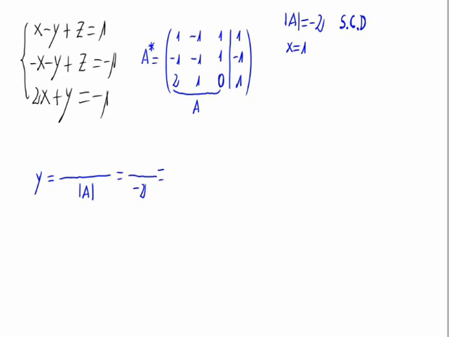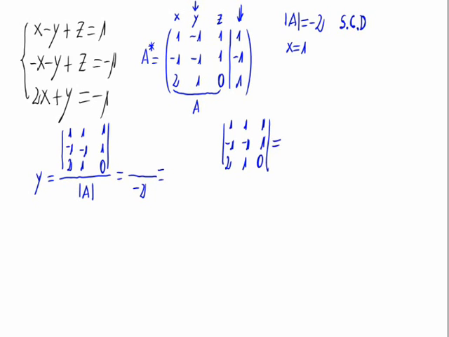It would be the matrix A, but substituting, as we did before with the x, the column of the y, the value we're trying to solve, by the independent term column, that is the last column of the matrix A star. So let's find out the value of this determinant: 1, 1, 1, minus 1, minus 1, 1, and 2, 1, 0.